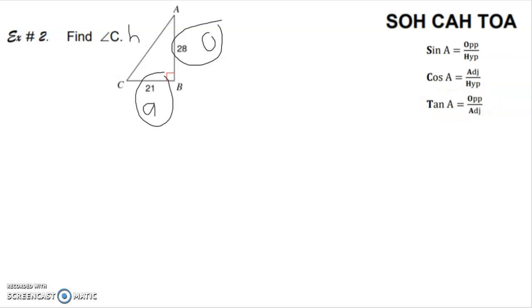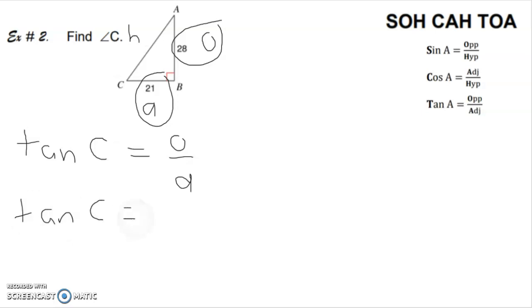So let's write it down. Tan. And in this case, it's tan C because they're asking us to solve for C. So tan C equals opposite over adjacent. Now we're going to fill in what we know.